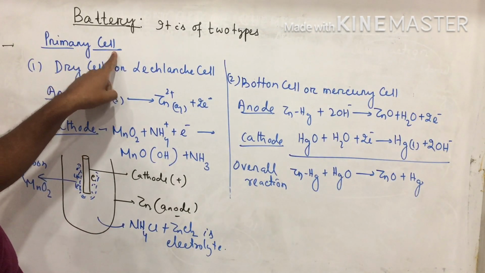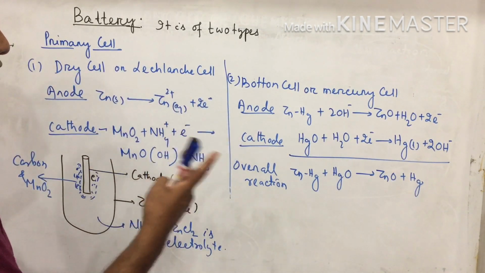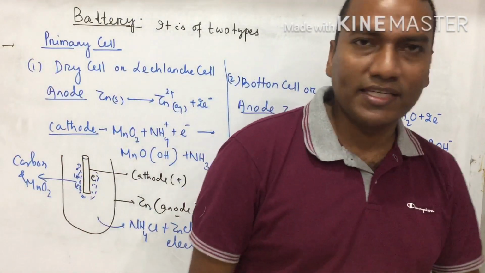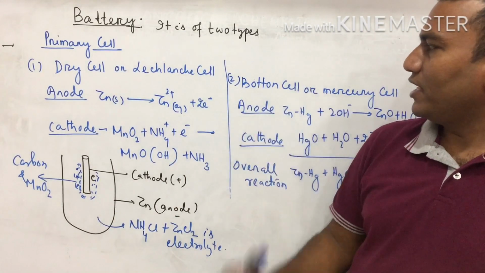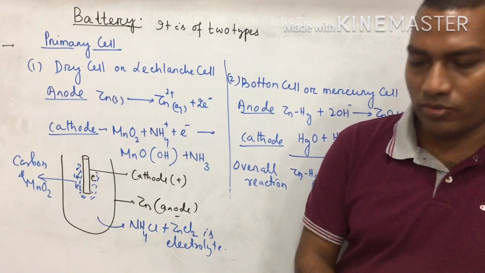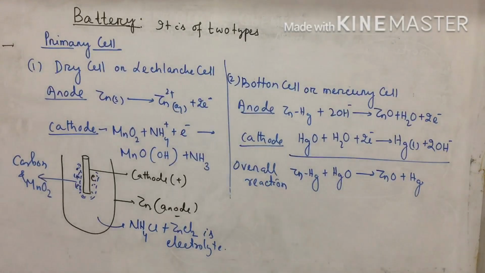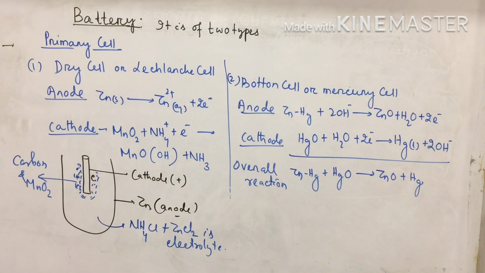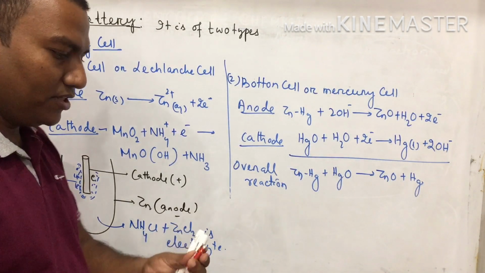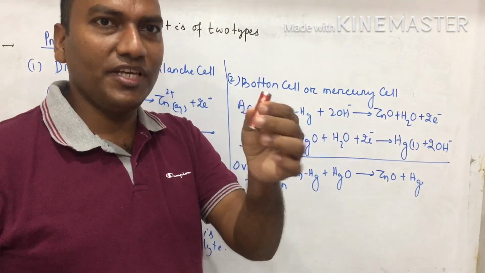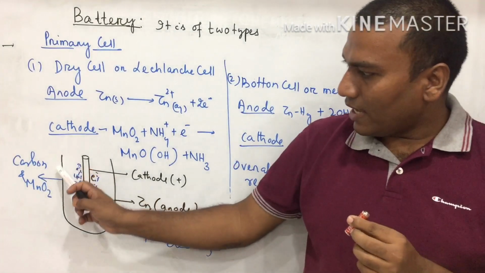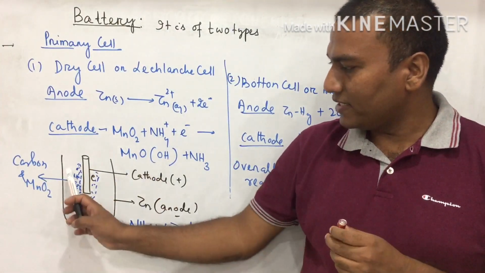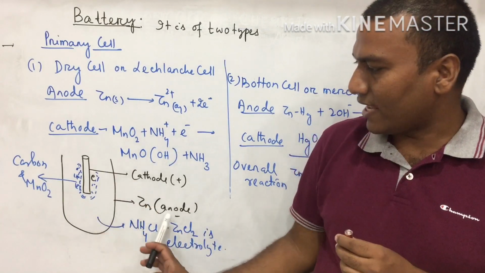In the primary cell, there are two types of examples. One is called a dry cell or Leclanche cell, and another one is the button cell or mercury cell. Suppose this is an example of a dry cell. Here you see, in this dry cell, the outer part is zinc, which acts as anode.